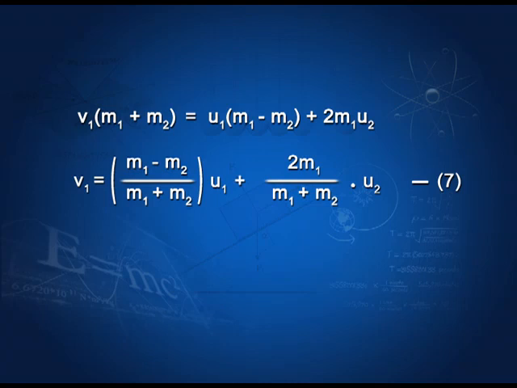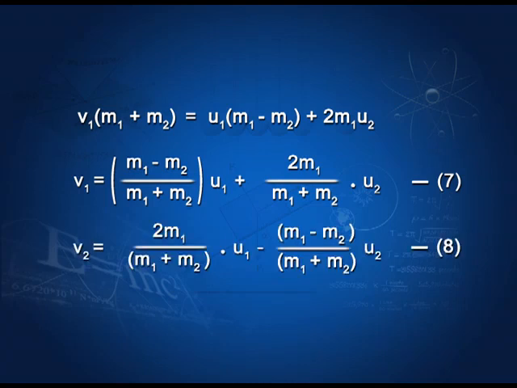Let us say this is our equation 7. Similarly, we could write the value for v2, and that would be 2 m1 upon (m1 plus m2) into u1 minus (m1 minus m2) upon (m1 plus m2) into u2, and say this is our equation 8.